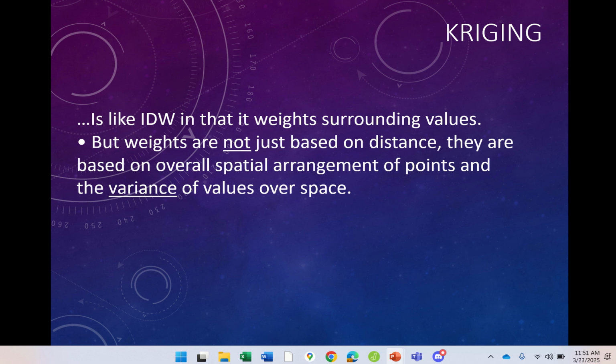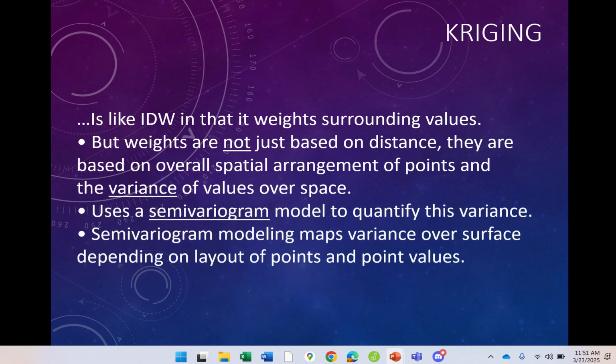Basically, it looks at the degree of autocorrelation between values and also takes that into account to try to better interpolate what the value is going to be between observed points. And to describe the nature of autocorrelation in a data set, it uses what's known as a semi-variogram. A semi-variogram quantifies how two points are related to one another spatially as the distance between those points increases.